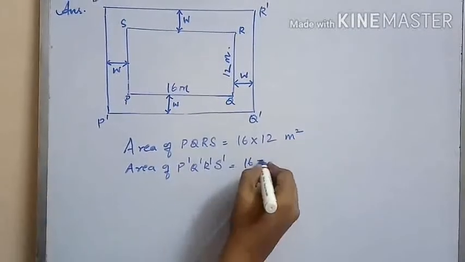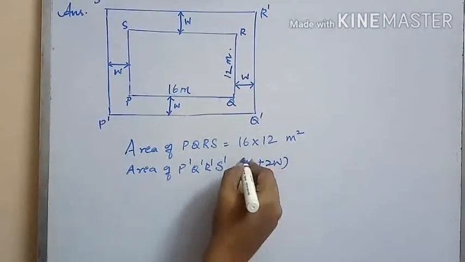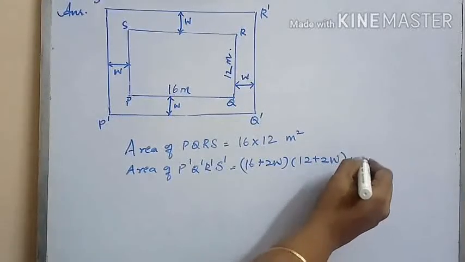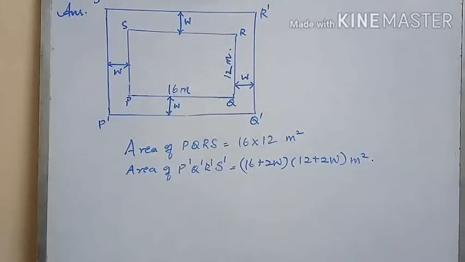The width is on both the sides, so it's plus 2W into 12 plus 2W. Same way it is on either side of the line 12.